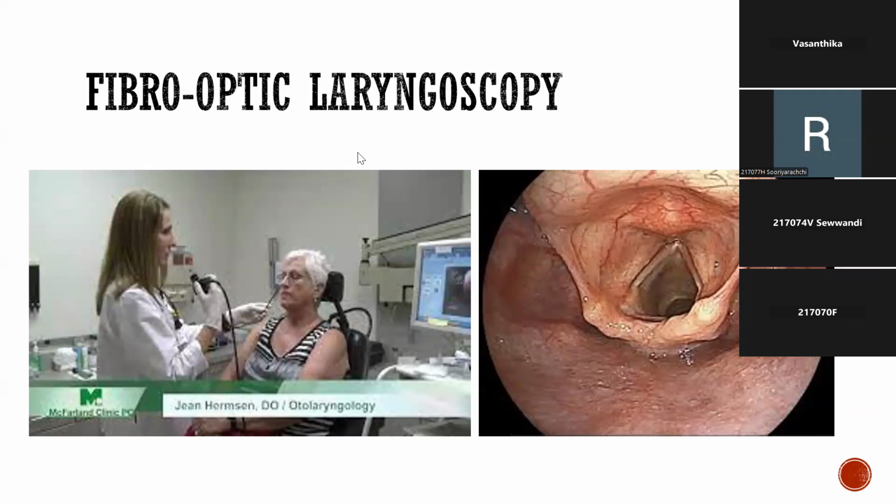It's an office-based procedure where you can do it as an OPD procedure under local anesthesia. The patient comes, gets the examination done, and goes home. It's a very minor procedure, but the amount of detail that you get is enormous, and you can do a few procedures as well with this.